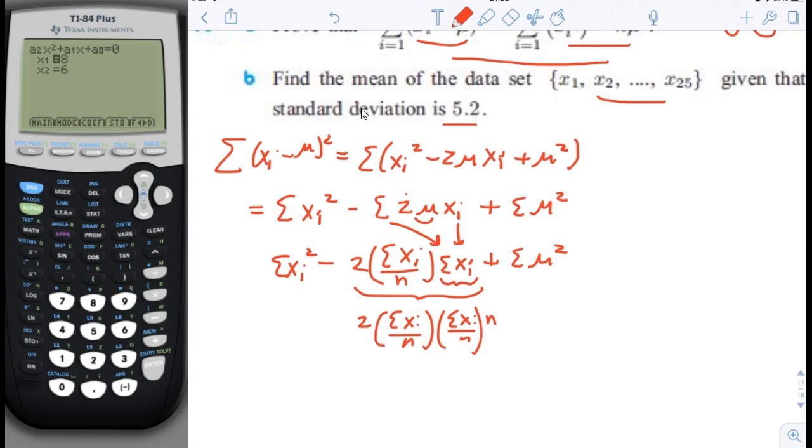Okay? Now I can see that, hey, I actually have mu times mu times n times 2.